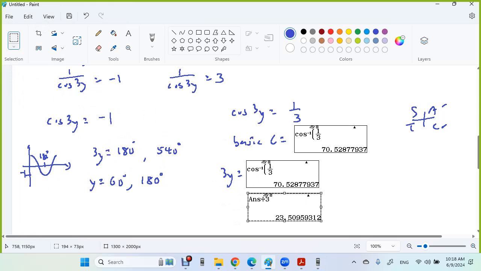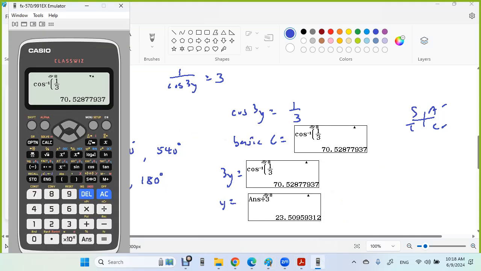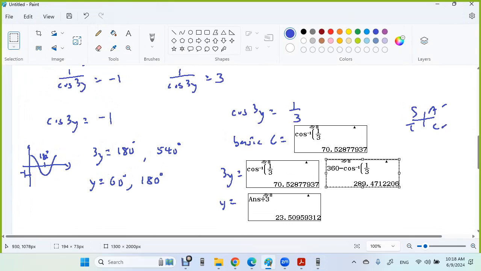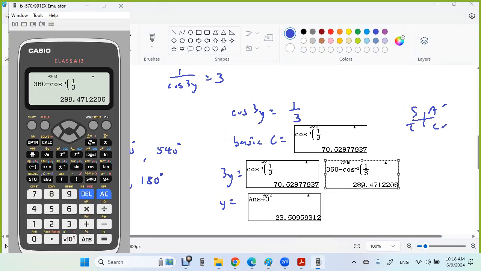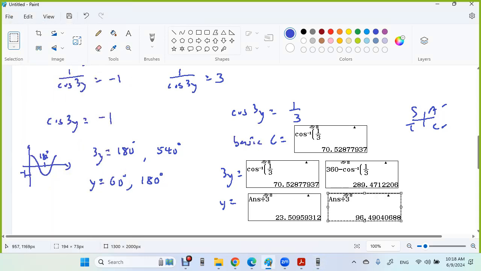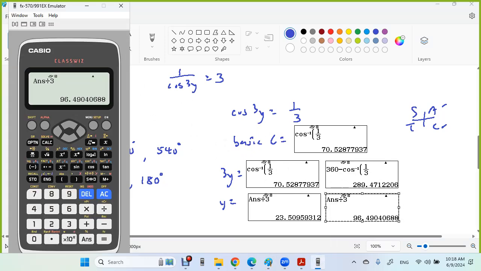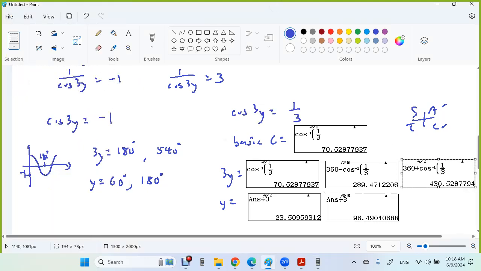Okay, and then we will have 360 minus this, and divide by 3, and we have 360 plus this one and divide by 3.